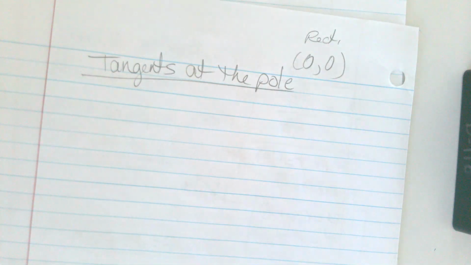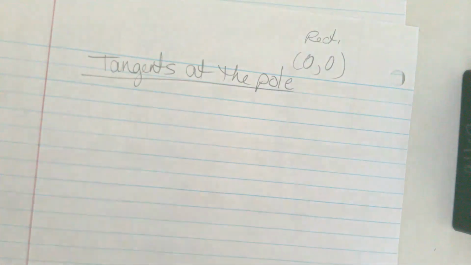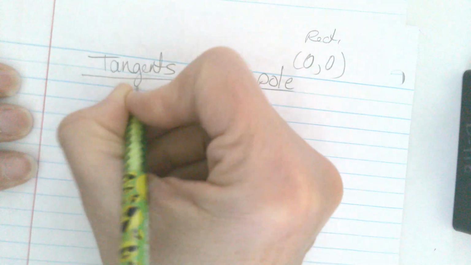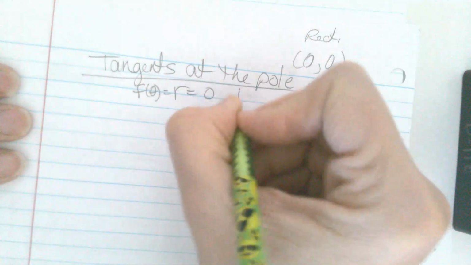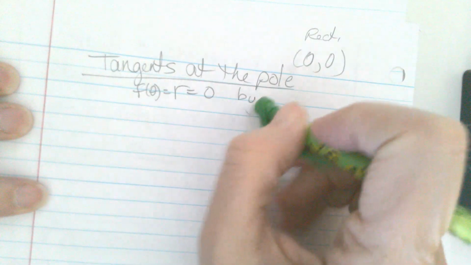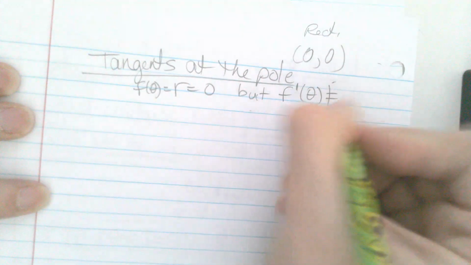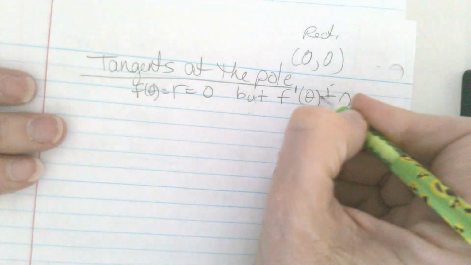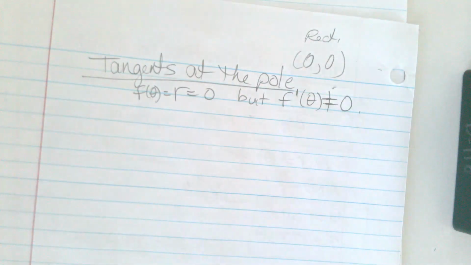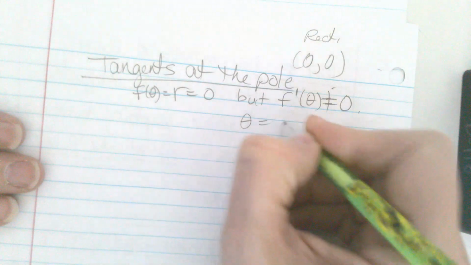So it says the tangents at the pole are where r equals 0, or f of theta equals 0, but f prime of theta is not 0. And then you would just have theta equals some number.